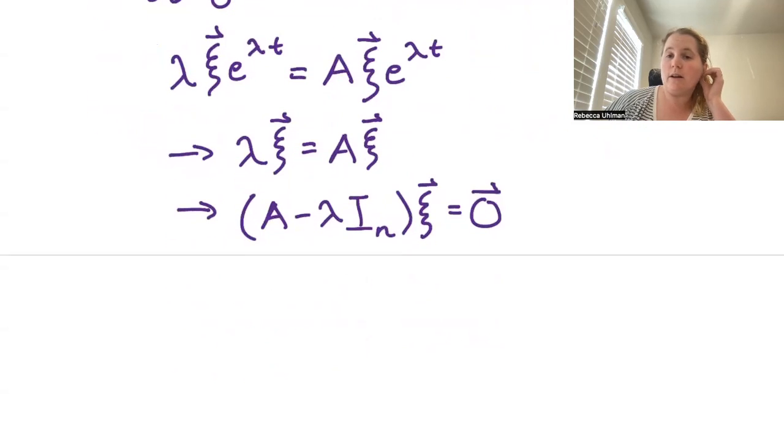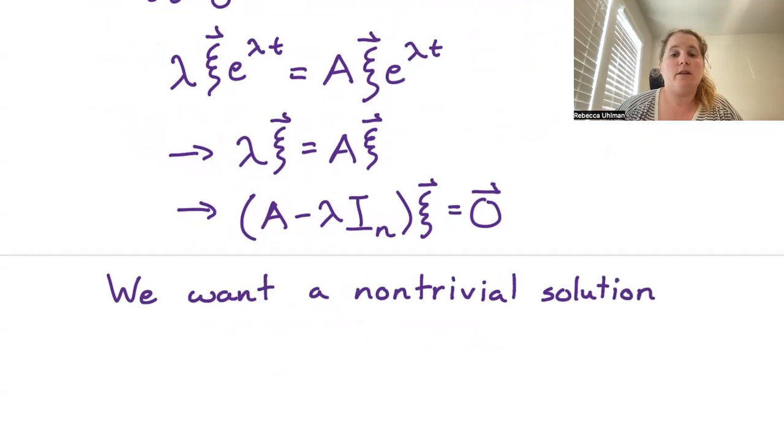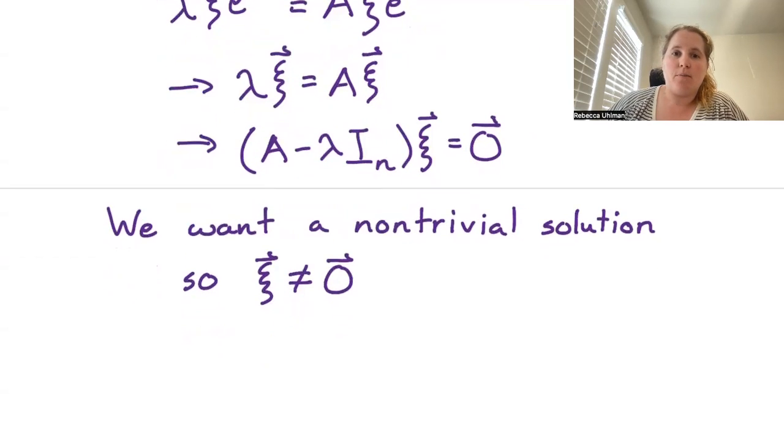So we want a non-trivial solution, which we do, so we need psi to not be the zero vector. And so that means that A minus lambda times I_n better not be invertible.